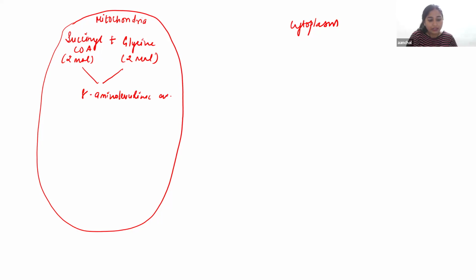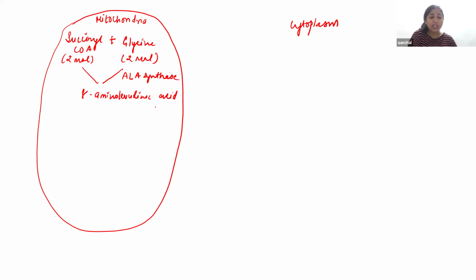Okay, and this occurs with the help of an enzyme that is known as ALA synthetase, aminolevulinic acid synthetase. Okay, now this is the first step that we have learned, that two molecules of succinyl-CoA and two glycine together constitute delta aminolevulinic acid.